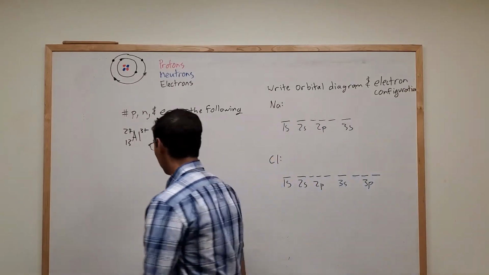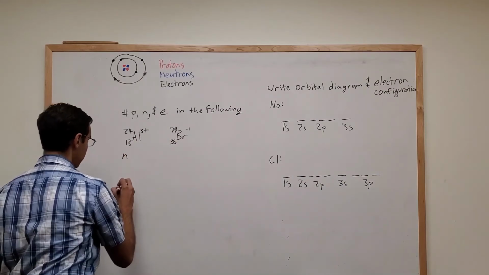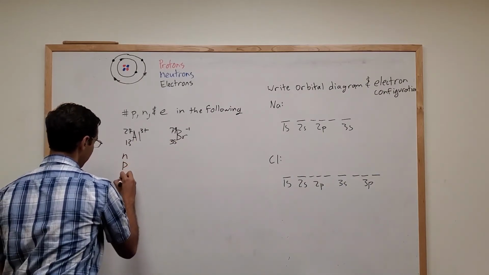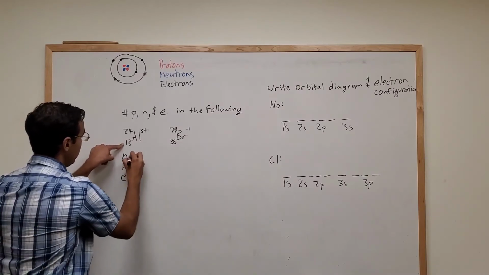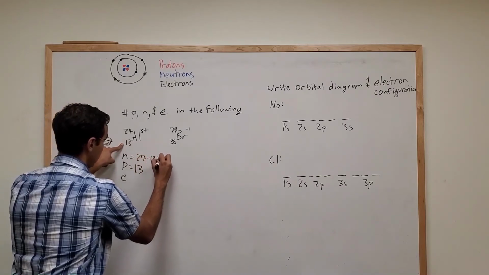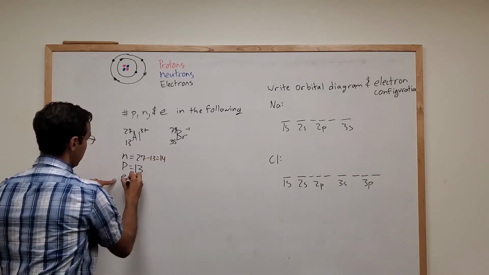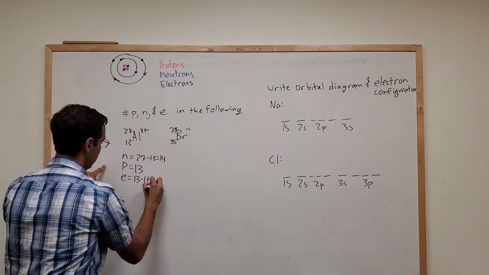Alrighty, so diving back over here, number of protons is going to be our atomic number, so 13. Number of neutrons is going to be mass number minus atomic number. The number of electrons, because it's 3 plus, is going to be 13 minus positive 3.